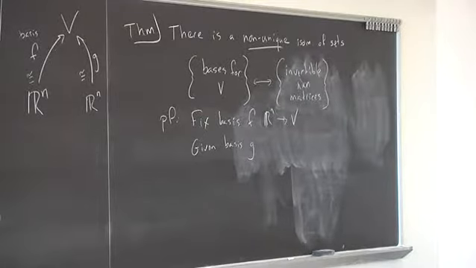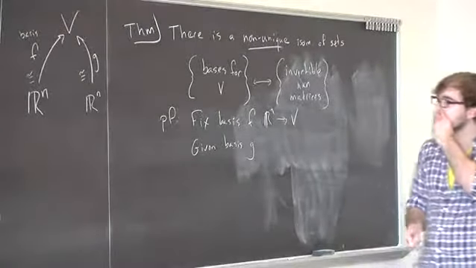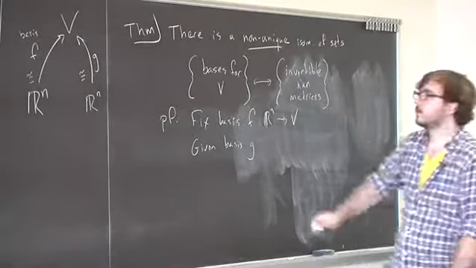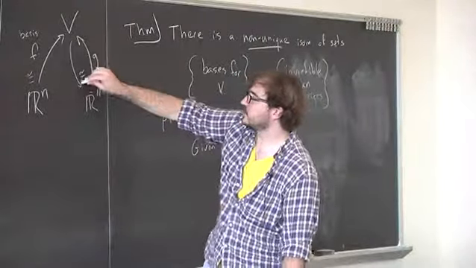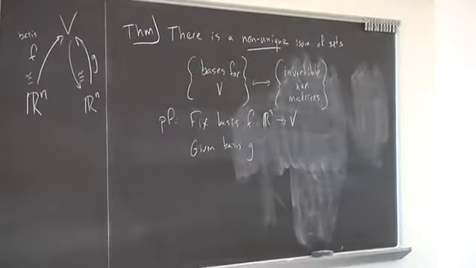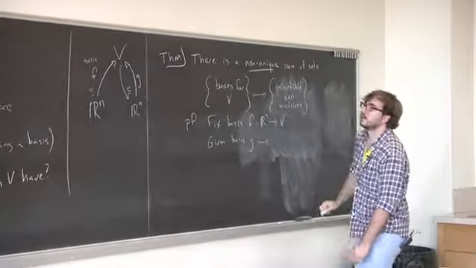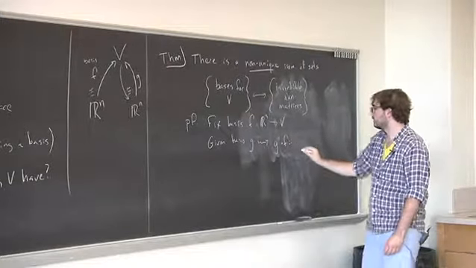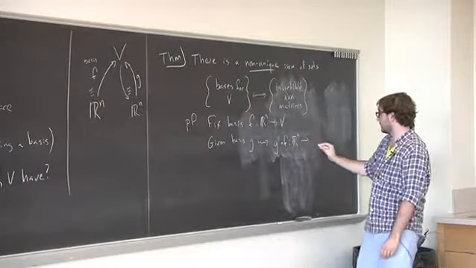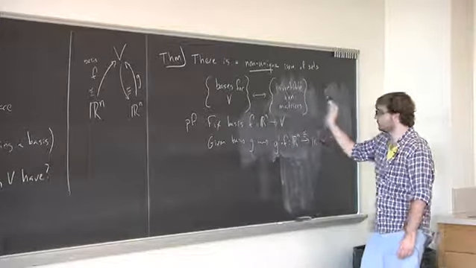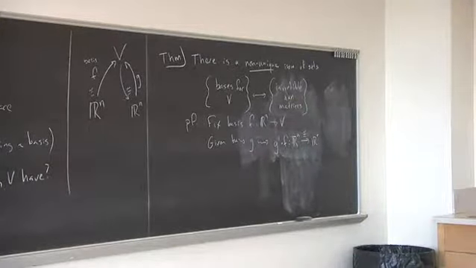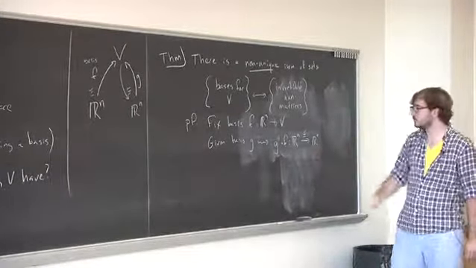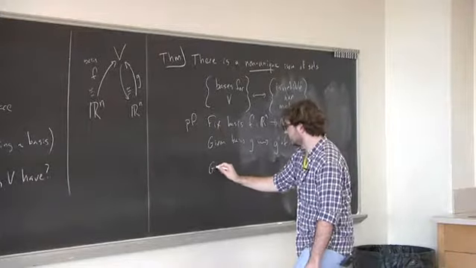Any ideas? What I'm going to do is use the fact that this arrow goes the other way too. I can get G inverse composed with F. This is an isomorphism of Rn to itself. Everyone follow? So this is an n by n matrix. Cool? So that's one direction.